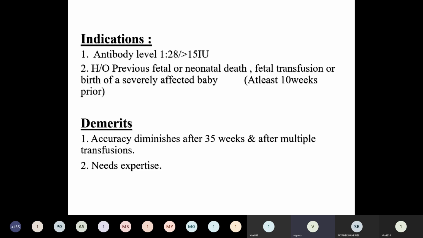You have to do it at least 10 weeks prior to the antecedent event. The demerit is that the accuracy diminishes after 35 weeks and after multiple transfusions, and you require a trained radiologist, that is the expertise, to give you a correct MCA PSV.